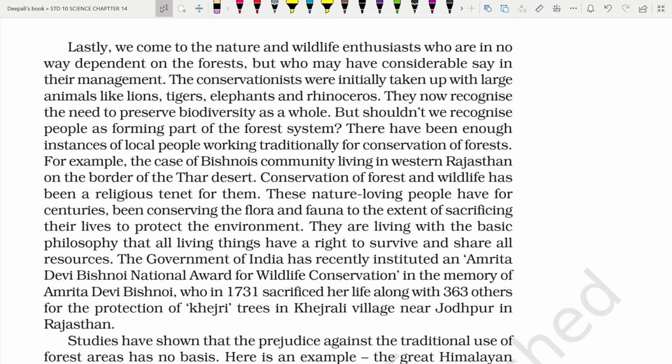There have been enough instances of local people working traditionally for conservation of forest. For example, the case of the Bishnoi community who live in western Rajasthan on the border of the Thar desert. They played a very great role in 1731.